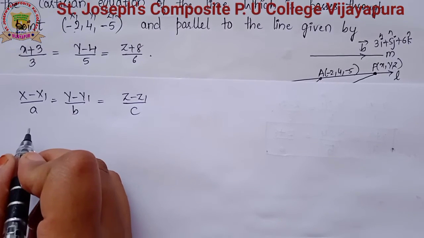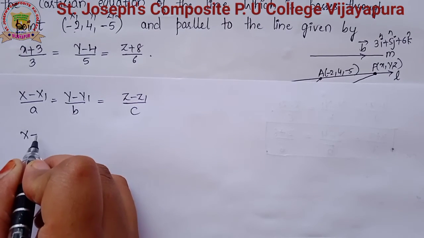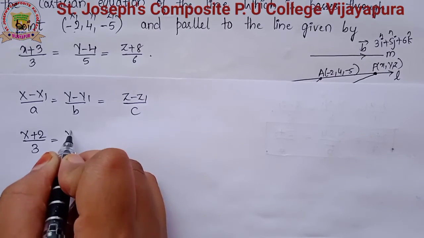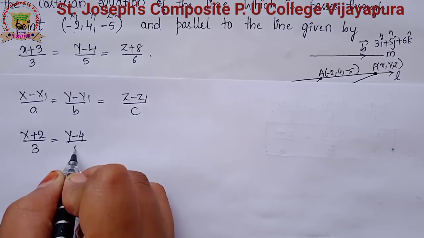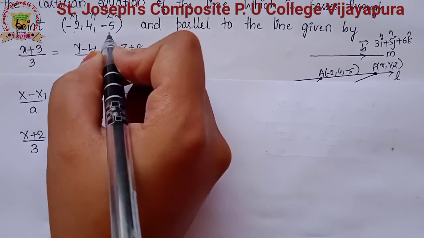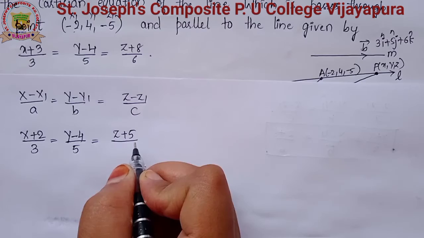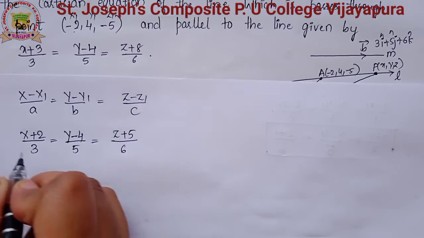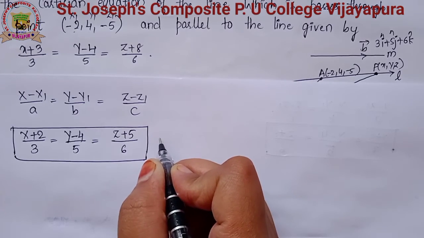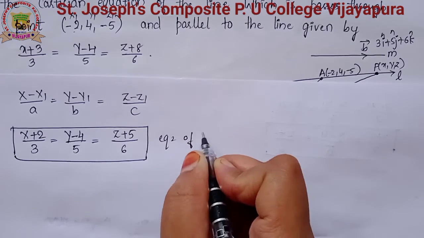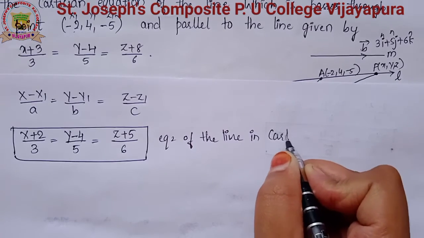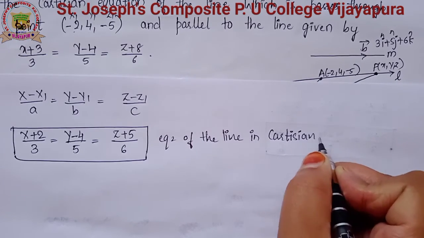On substituting you will get (x minus of minus 2), that is (x plus 2) divided by 3, is equal to (y minus 4) by 5, is equal to (z minus of minus 5), which becomes (z plus 5), divided by 6. So this is the required equation of the line in Cartesian form by using the formula directly.